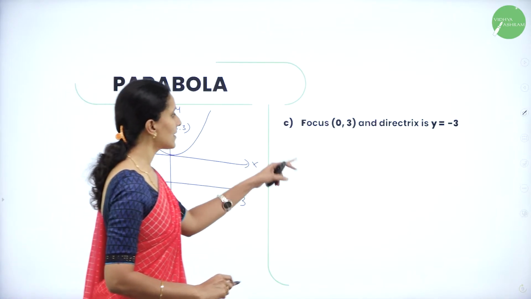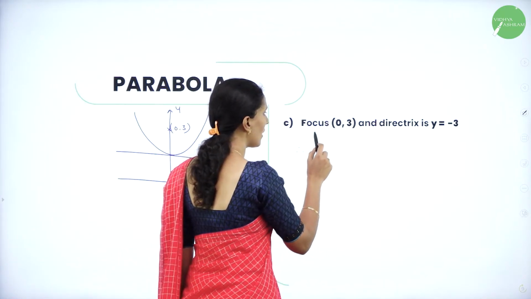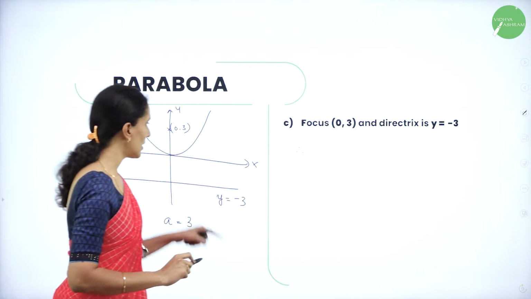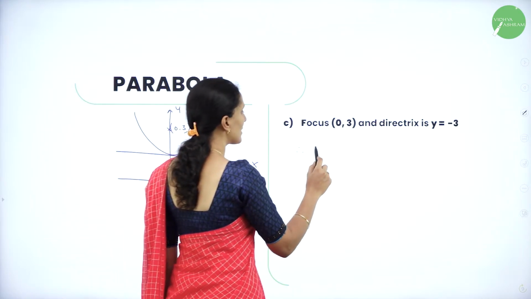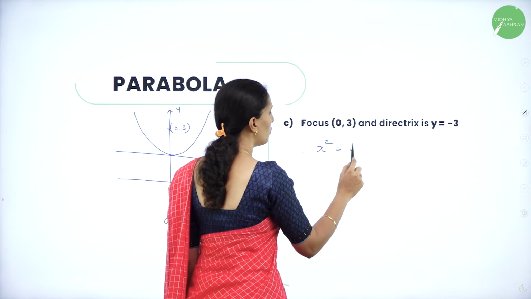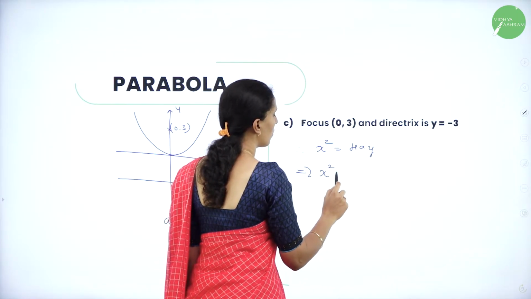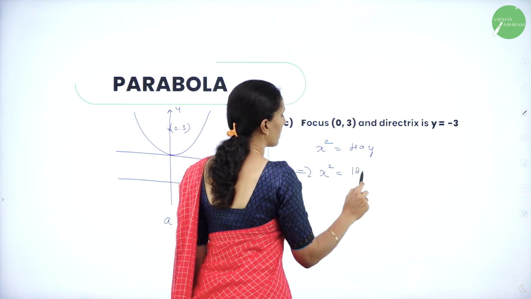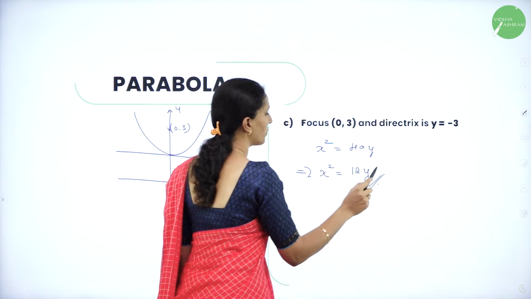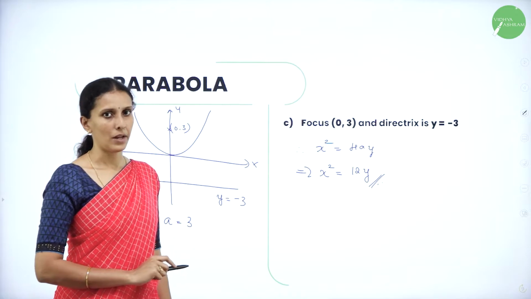So if a is equal to 3, therefore the general equation of this type, that is upward parabola, is x square is equal to 4ay. So this implies x square is equal to 12y. So this is the equation of the required parabola.